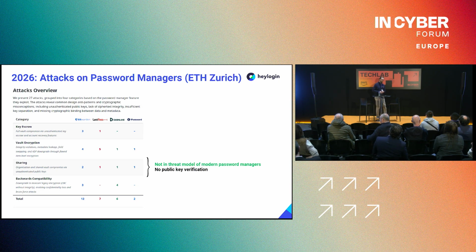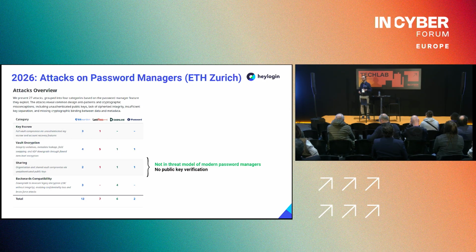So the issue here is that the server decides what public key corresponds to which employee. There is no out-of-band public key verification mechanism in modern password managers, let's say.